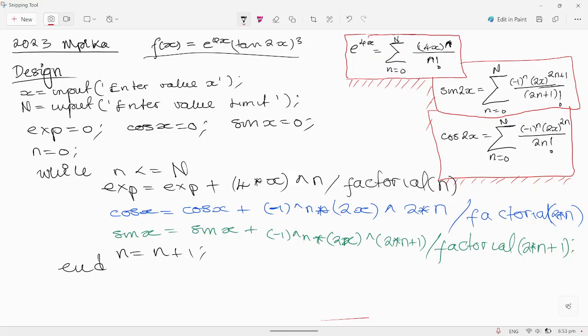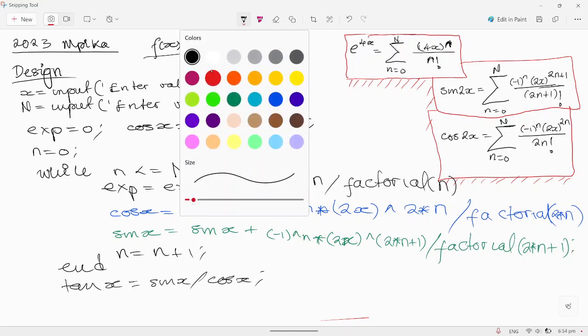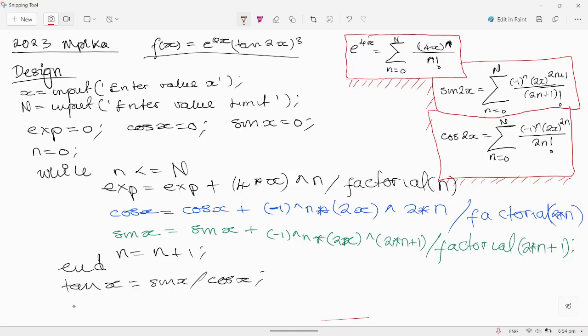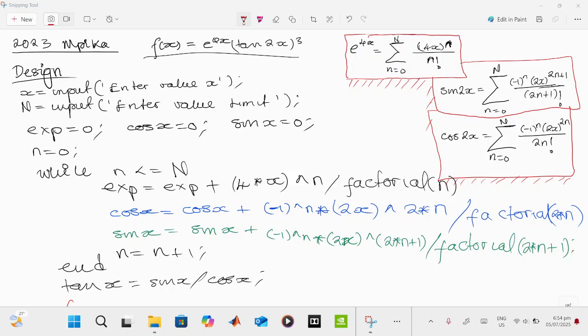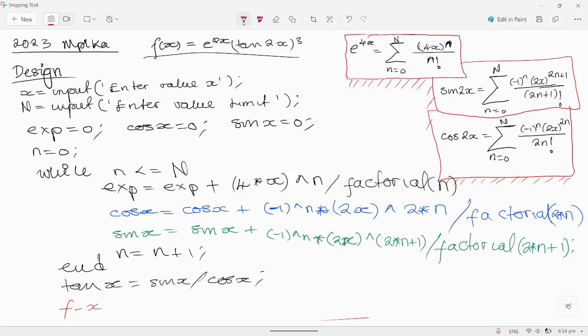Okay, so what's next? We need to get tan 2x. So I'm just going to say tan x is equal to... no, this is supposed to be sine x divided by cos x. Okay, like this. With that, we get tan x. Then to get our solution finally, we just have to say f of x. Did I do this in the last one?